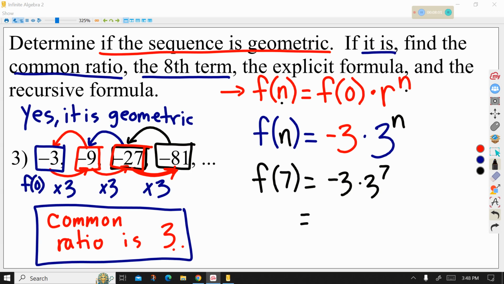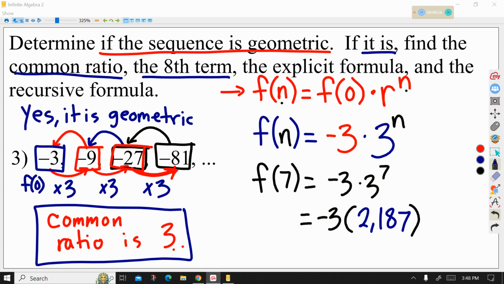So now to finish up this calculation, we have to do -3 times 3 to the 7th. Probably wouldn't do this by hand. It's possible, but once you get up to pretty big numbers, we want to check and make sure that we're right, so it's pretty useful to have a calculator there. Now, 3 to the 7th is 2187.